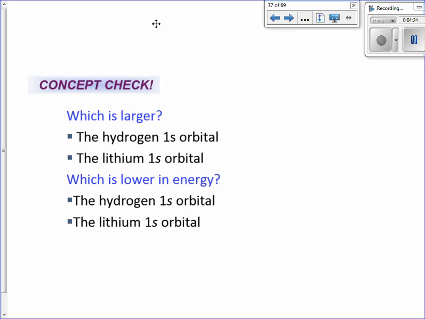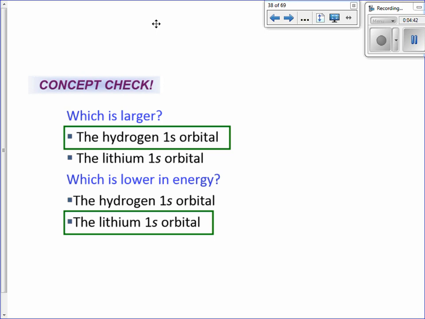Okay? Which is lower in energy? Why would it be lithium? Why is it not hydrogen? What did we learn about in our photoelectron spectroscopy?